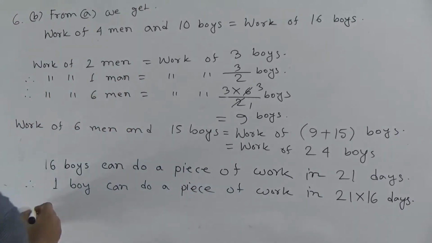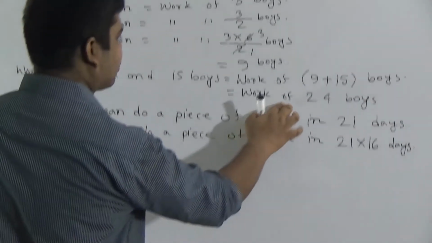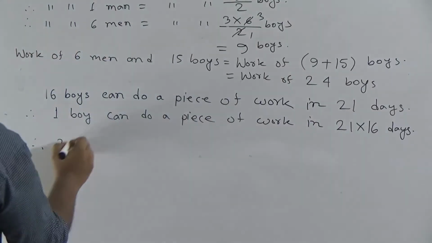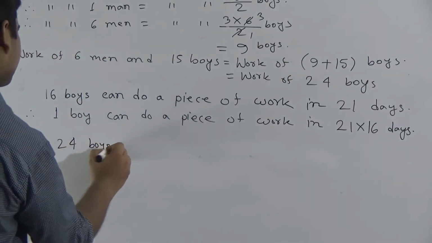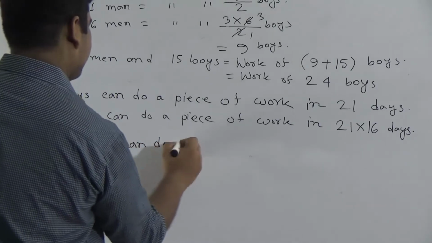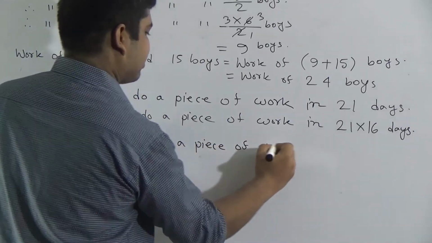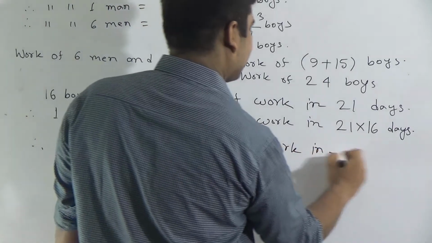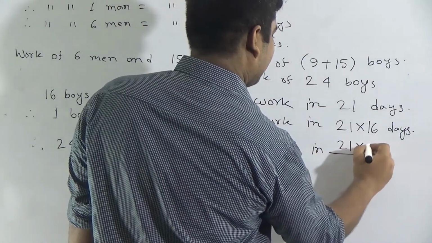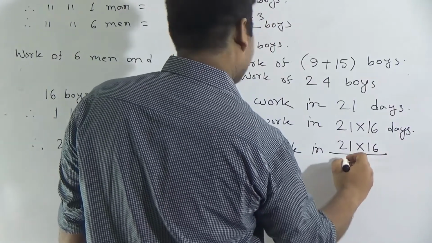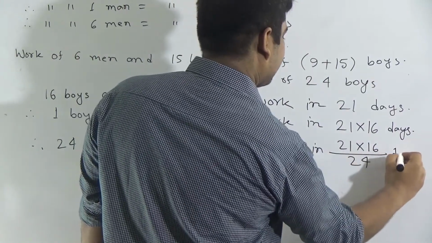After that we have already found the work of 24 boys. That means 24 boys can do a piece of work in 21 multiplied by 16 divided by 24 days.